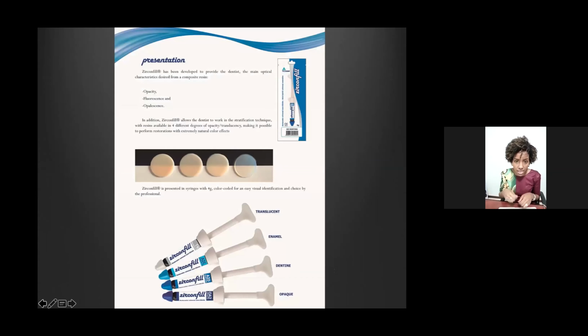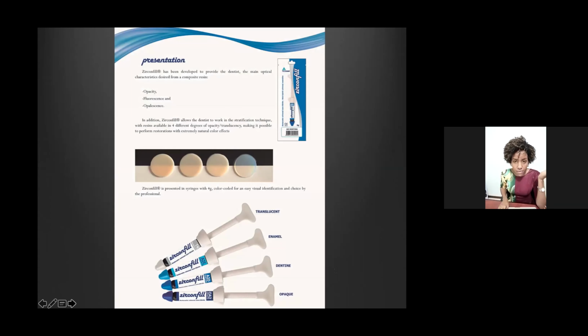In this presentation, we are going to see that Zircon Fuel has 4 types of resin presentation: translucent, enamel, dentin, and opaque. And one of the biggest things in this resin is that we can use it for almost all teeth.